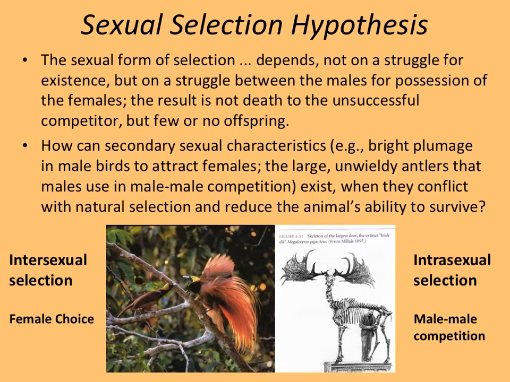The sexual form of selection depends not on a struggle for existence, in other words, survival, but on a struggle between the males for possession of the females. Now, we'll see why it's usually this way and not the other way around, with females struggling for males. But the result is not death to the unsuccessful competitor, but fewer or no offspring.